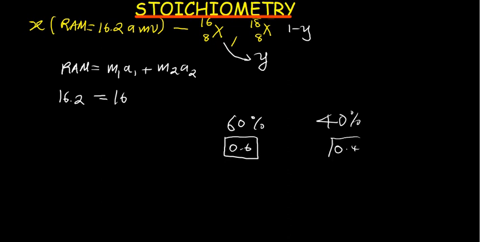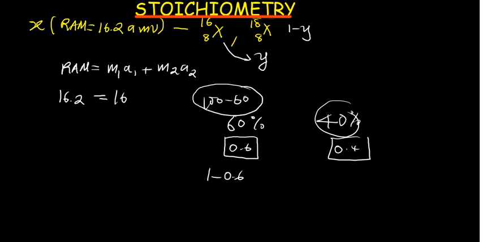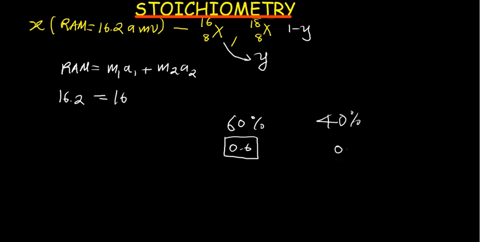How did you find the 0.4? You said 1 minus 0.6. Or how did you find 40? You said 100 minus 60. So in percentage, you subtract from 100, but in decimals, you subtract from 1. So if you know Y, then to find the other one, just say 1 minus the same Y. Is it okay now, or is there still need for clarity?